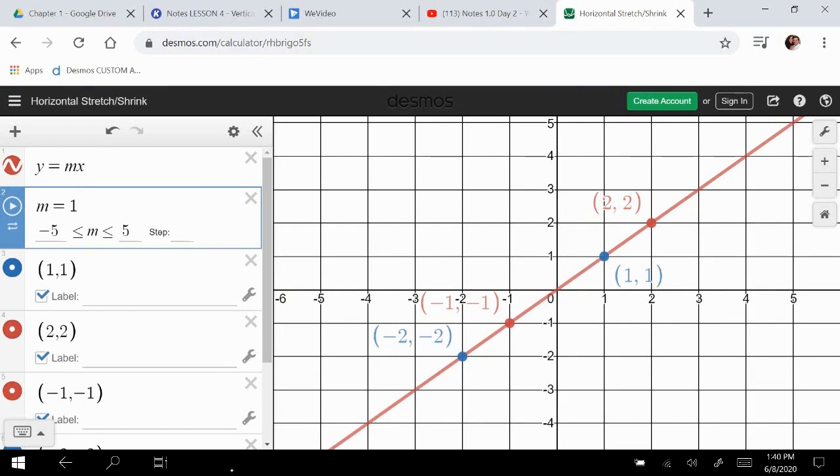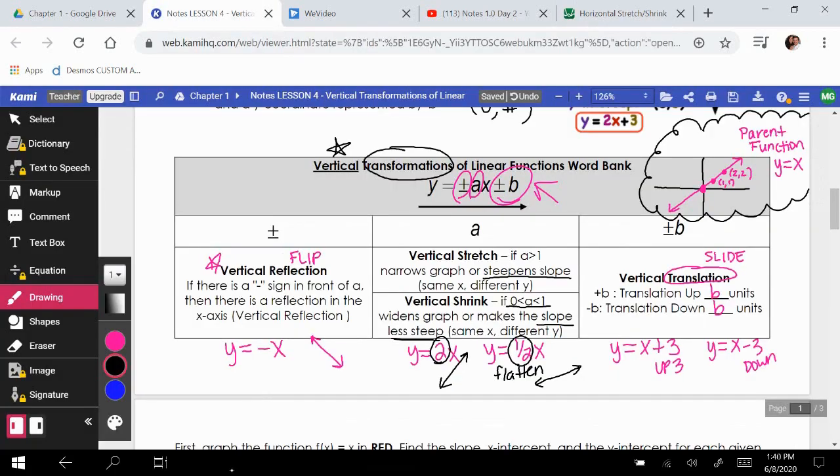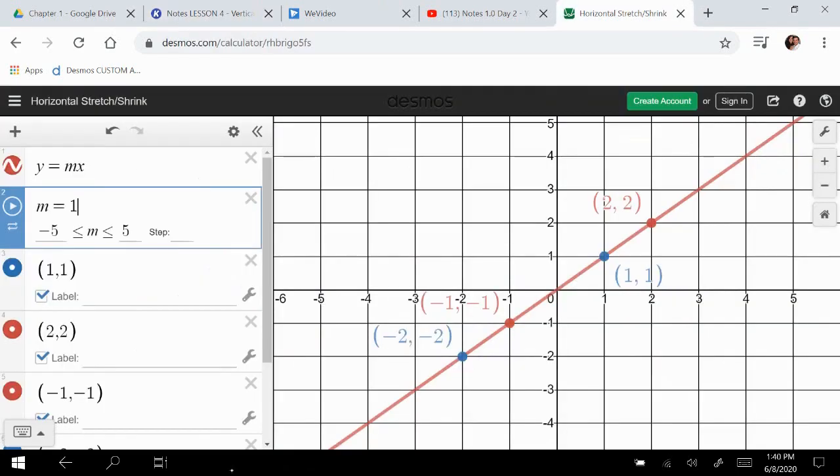What I can do now is look at each of these transformations. Like, what does a vertical reflection look like? What does a flip over the x-axis look like? Well, I'm going to go ahead and just type in a negative sign in front of there so I can show you what that's going to look like.